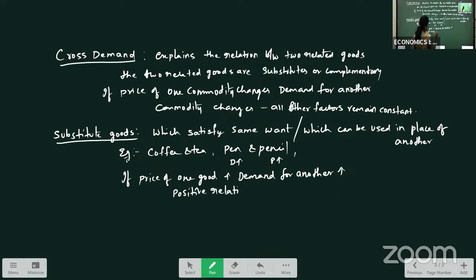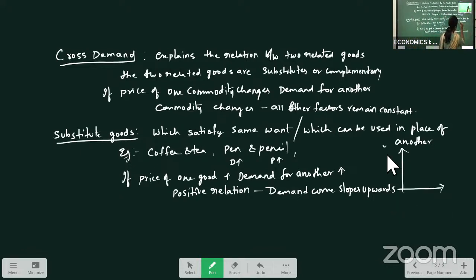Positive relation for substitutes. When there is a positive relation, how will our demand curve be? Demand curve slopes upwards. Remember, positive relation means the demand curve will slope upwards. Negative relation means the demand curve will slope downwards. Positive means what? Both are increasing, price as well as quantity. So for substitute goods, our demand curve will slope upwards.